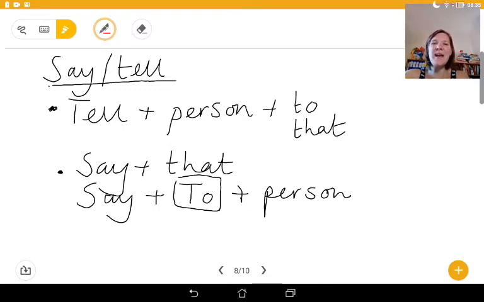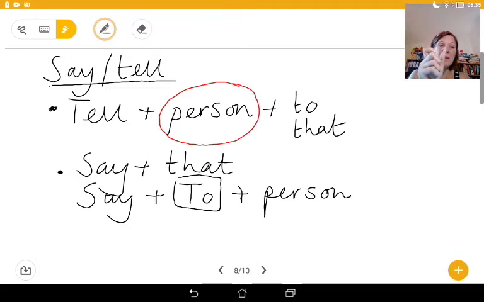When you're using tell, you're always going to use a person, okay? So tell me the answer, okay? So you can tell somebody that, or you can tell somebody to do something, okay? I told him to sit down. I told him that the earth was flat, for example.